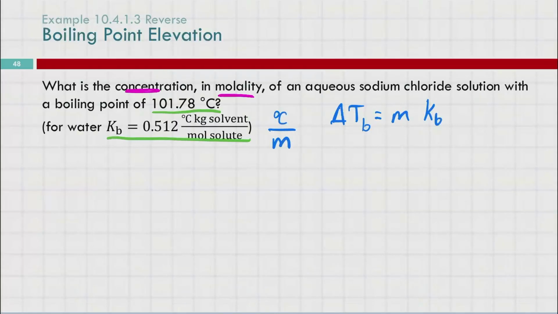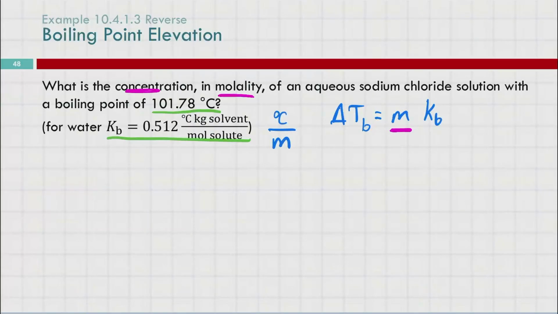Who's got an idea of where to start here? Yes. If we're trying to find molality, would we have to rearrange the equation? Yeah, we can rearrange our equation. So we're trying to find this lowercase m.